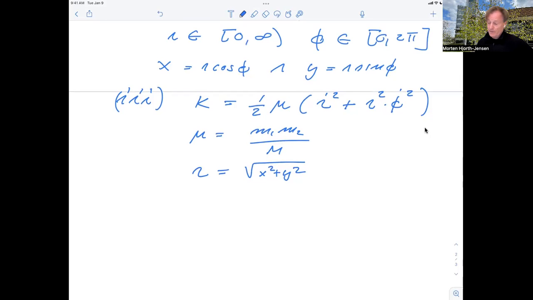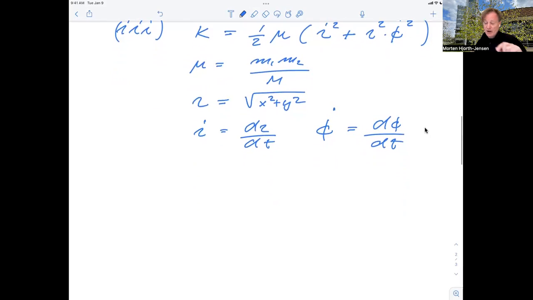So when we did that, and before we move on, let me quickly remind you that this r dot is simply dr/dt, and phi dot is the same as d phi/dt. So I'm going to use these kinds of shorthands here. Now, the next thing we found, so let's put this up here, is that we had a differential equation for phi dot, which is given in terms of the angular momentum divided by the reduced mass and divided by r squared.